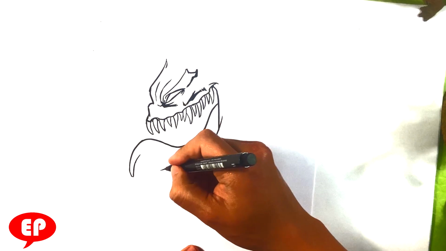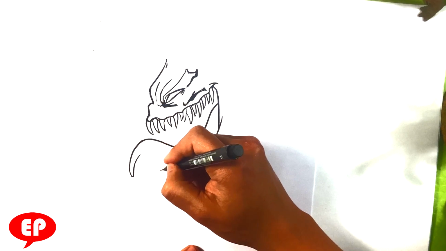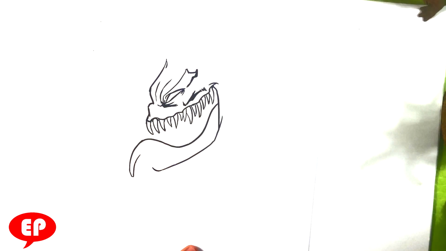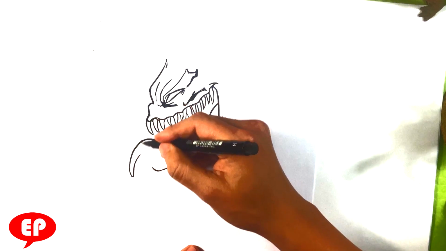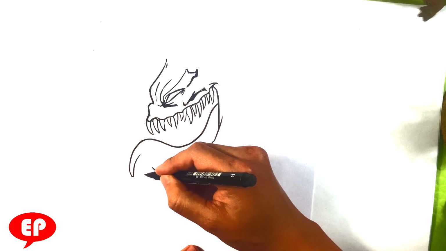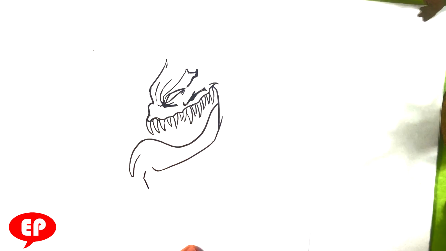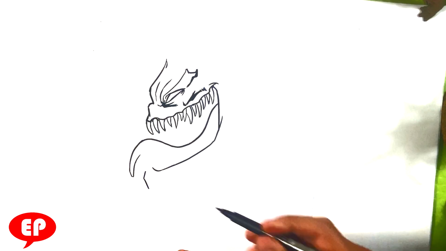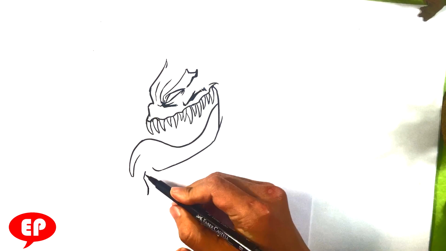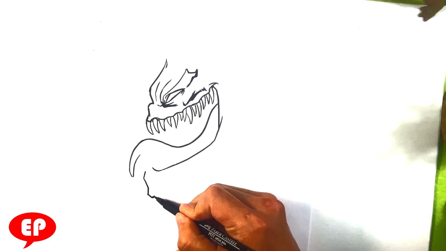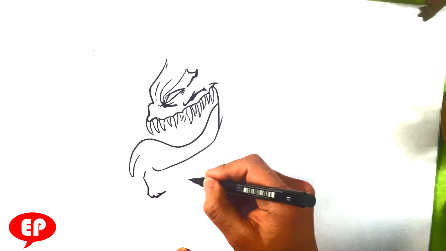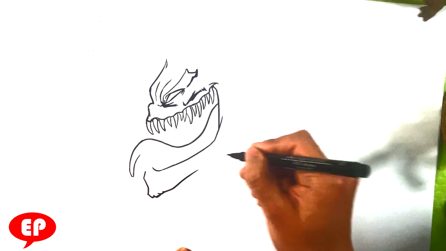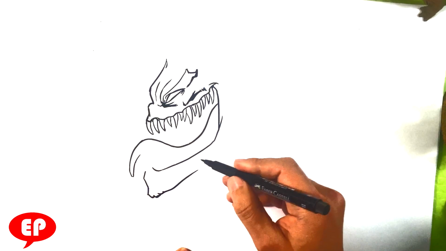I'm going to draw that, and then there is an underbite to it. So maybe I'm going to have his lower jaw come out over here. That's the end there. Curve line here for the lower jaw.